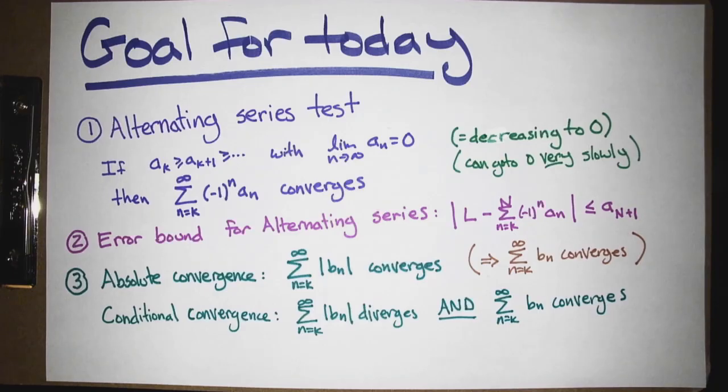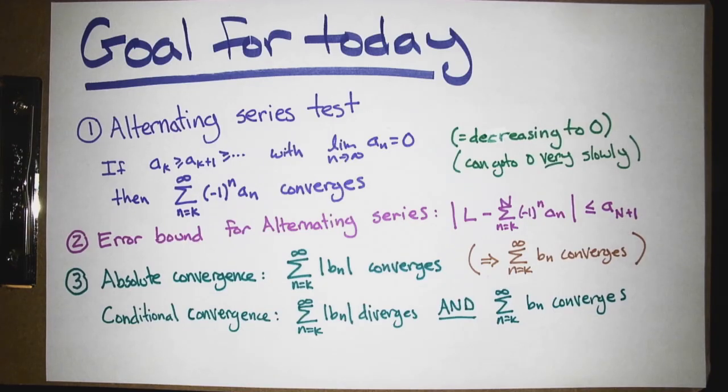Because we have this alternating series, we want to talk about convergence, and we're going to have two types. One is absolute convergence, which says I don't need any negative signs. In other words, if I take the absolute value of the terms, I converge.